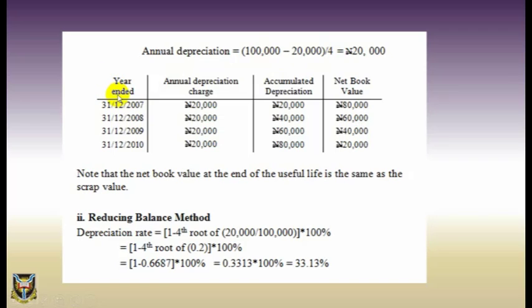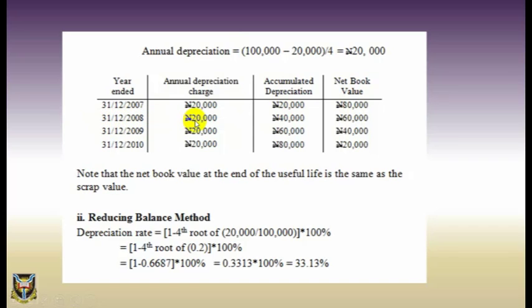Year ended 31/12/2007. Annual depreciation charge 20,000. Accumulated depreciation 20,000. Net book value 80,000. 31/12/2008.